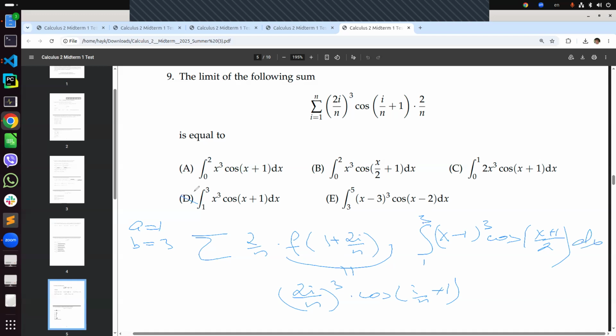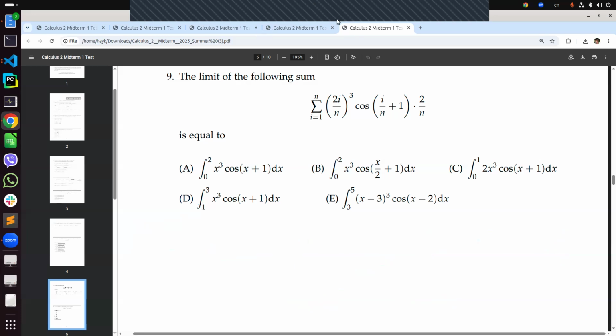And of course, we do not have this. Answer E we can also discuss, and we'll see that it is not the correct one. So as we have seen already, B is the correct answer. Questions? If no questions, let's move forward.